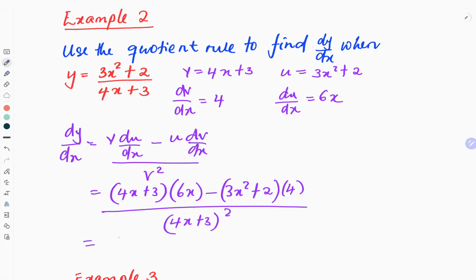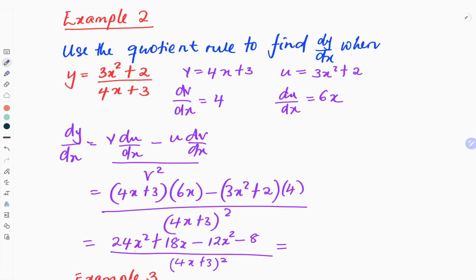This can be further simplified to 24x squared plus 18x minus 12x squared minus 8, all divided by 4x plus 3 to the power 2. And this can be further written as 12x squared plus 18x minus 8, all divided by 4x plus 3 to the power 2. I'm comfortable to leave it here.